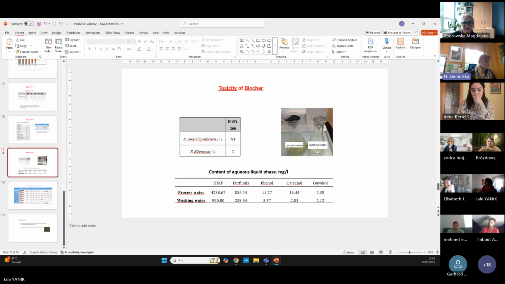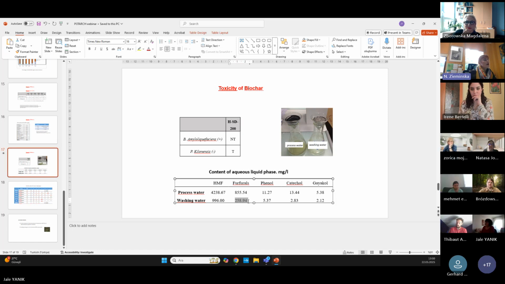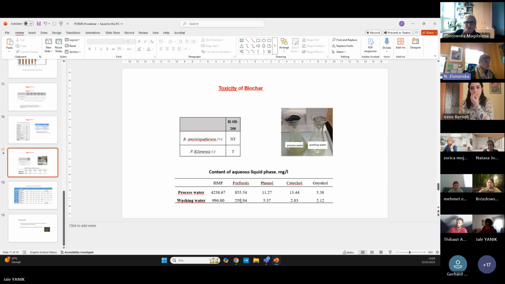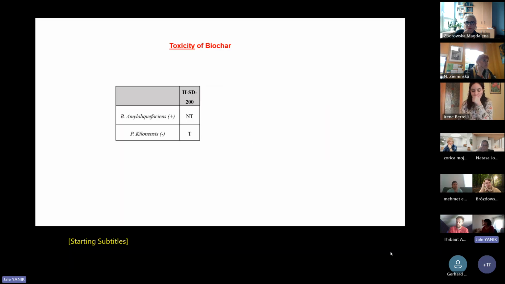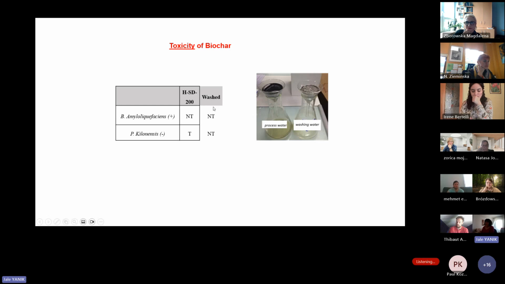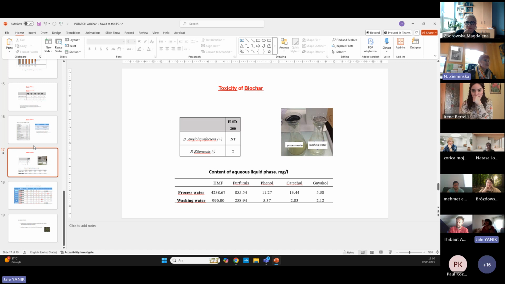But did you check, for example, if you remove this furfural, using some kind of filtration or something like this, are you sure that this biochar won't be toxic? Yes, because after washing, the biochar was non-toxic for both bacteria. Okay, that's what I was asking. I didn't see it before. Okay, thank you.